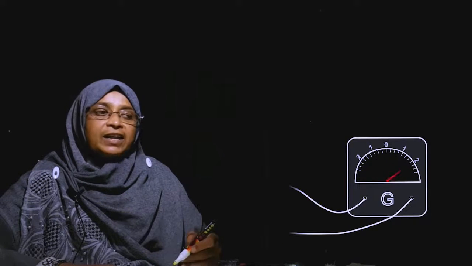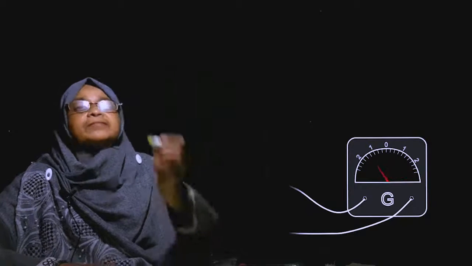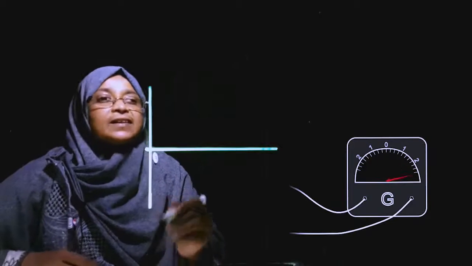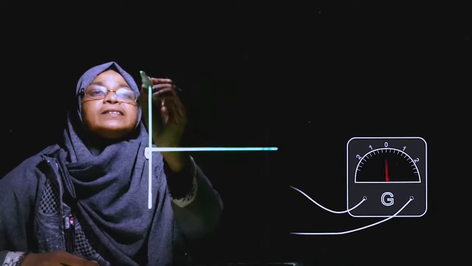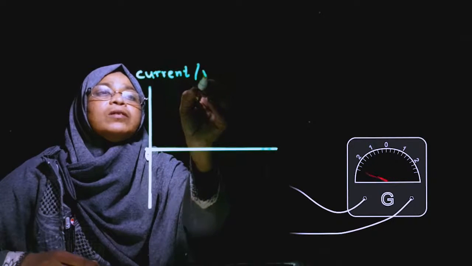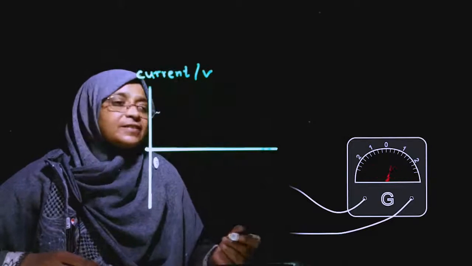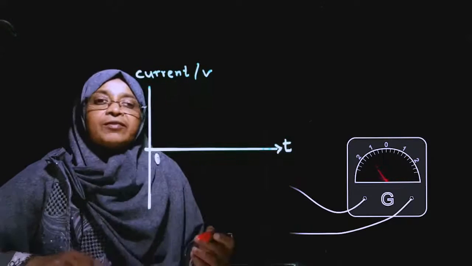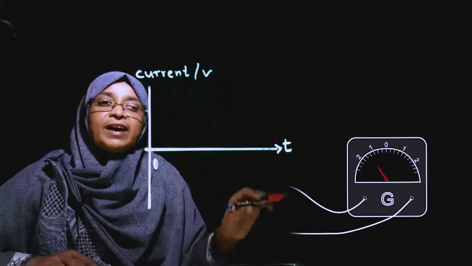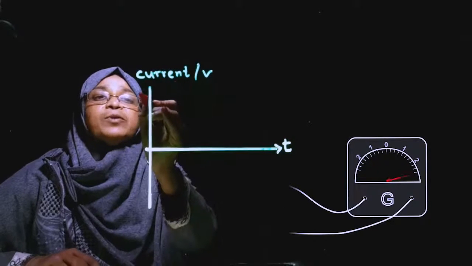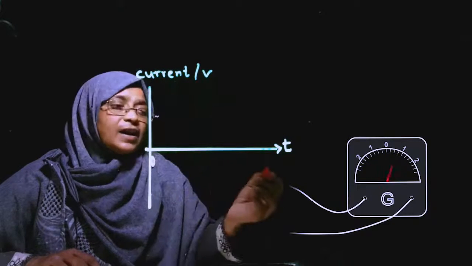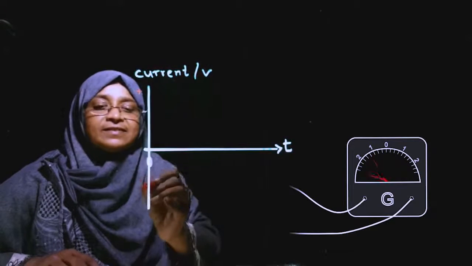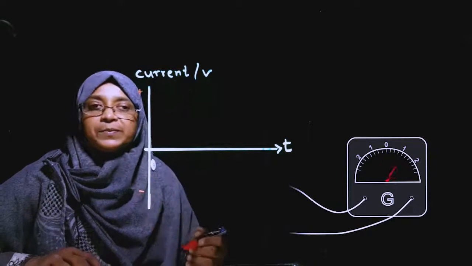Now, we can represent the variation of the voltage and the direction through the graph. In this axis, we get the current or voltage. This axis, time. We mark the clockwise as positive, anticlockwise as negative.